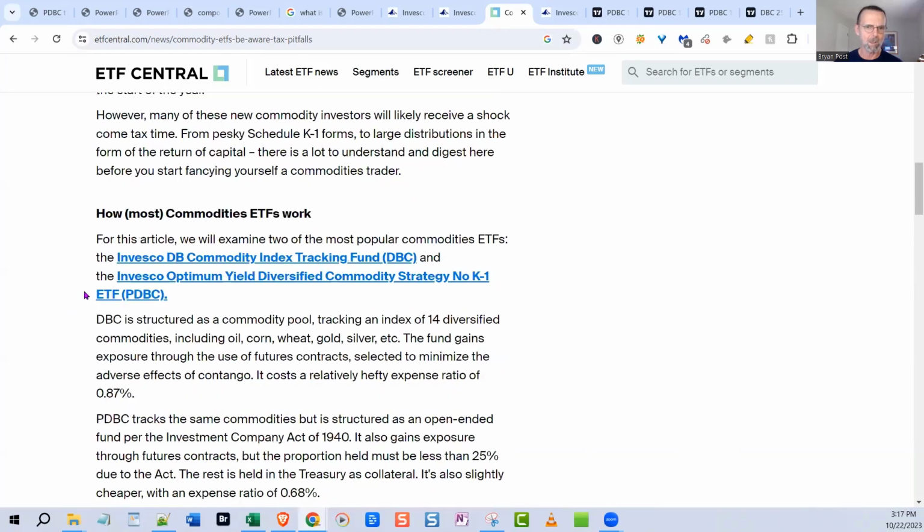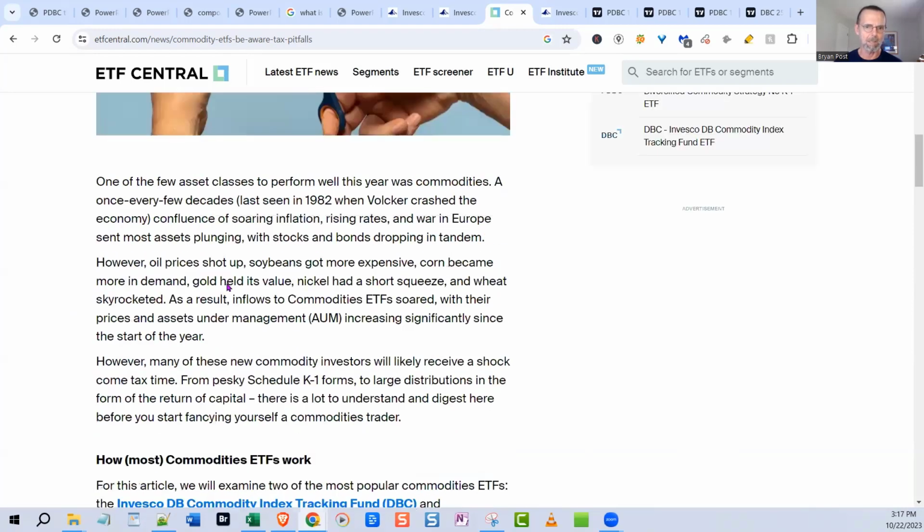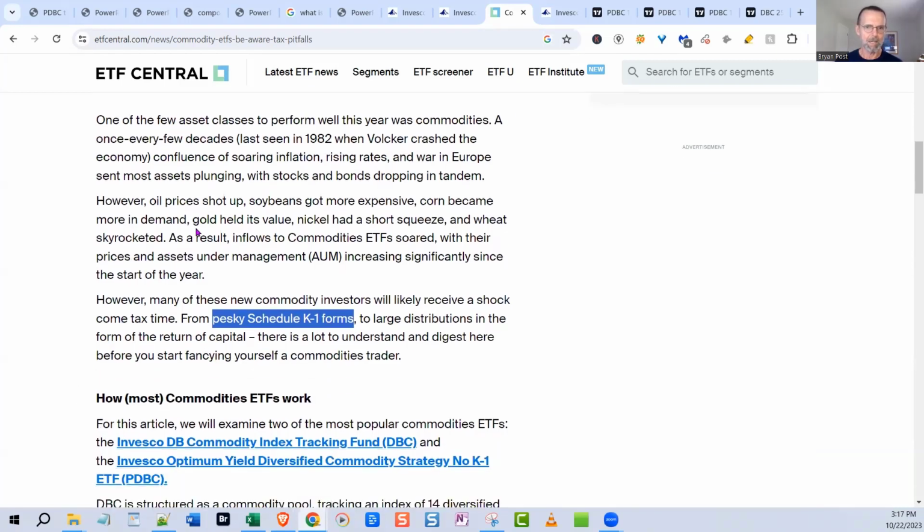One of the things they started with was the pesky K1. And I also found it interesting that, because of the investment strategy involved with PDBC, evidently it throws off a lot of money in the form of distributions.